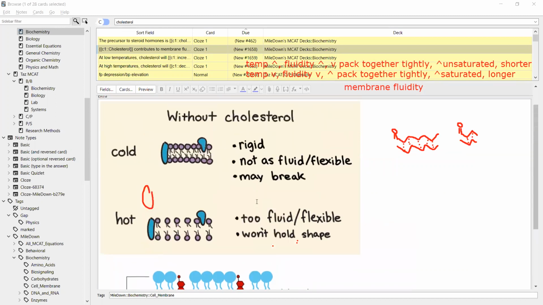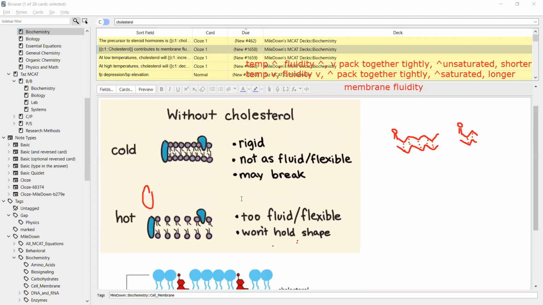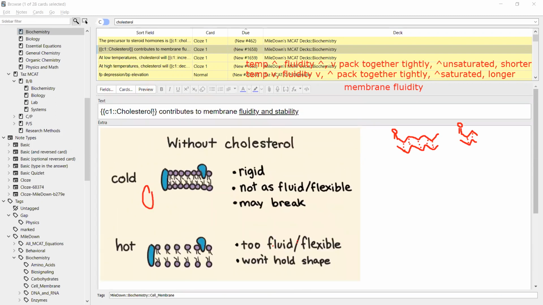So what cholesterol can do is it acts as a buffer. That means it prevents either extreme. If it's extremely hot, the phospholipid bilayer is going to be very volatile and move around a lot. In that case, because the cholesterol is there, it is preventing, oh, this is showing without cholesterol. I need to show with cholesterol.